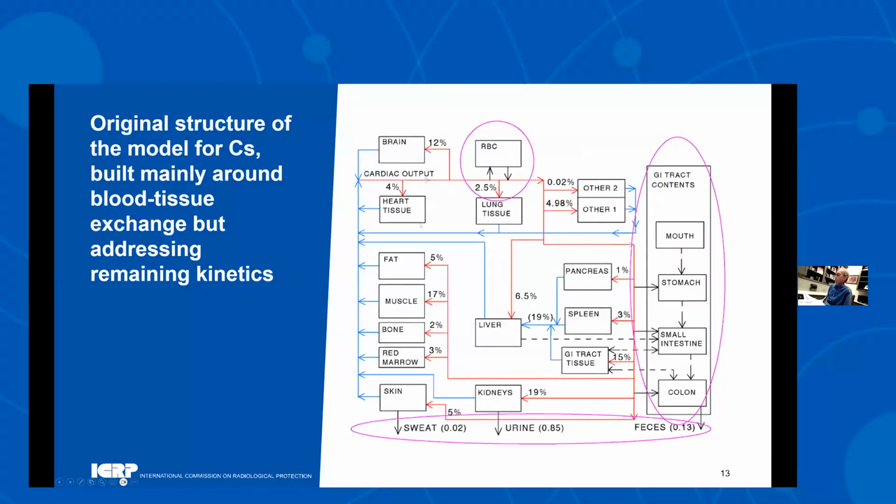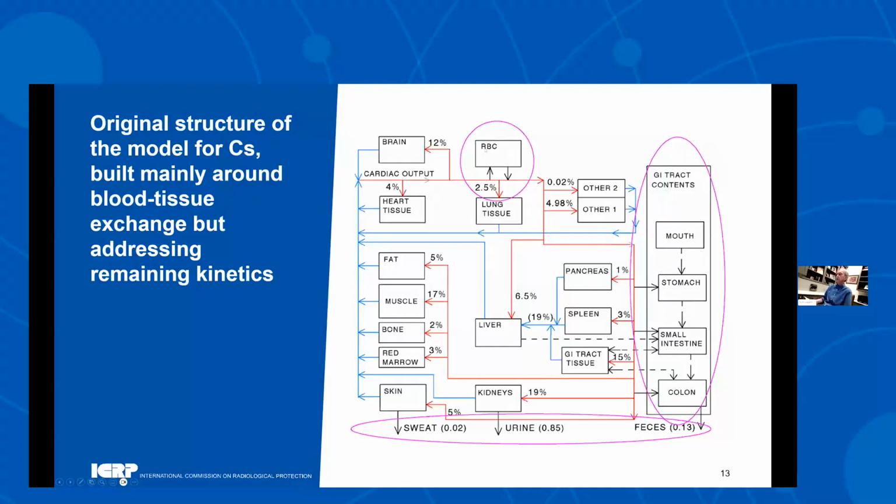And okay, here there's more to the model for cesium than just the blood flow model part. There are some parts of the kinetics of cesium that cannot be described in terms of the blood flow model. For example, the exchange of cesium between blood and the red blood cells, RBC.